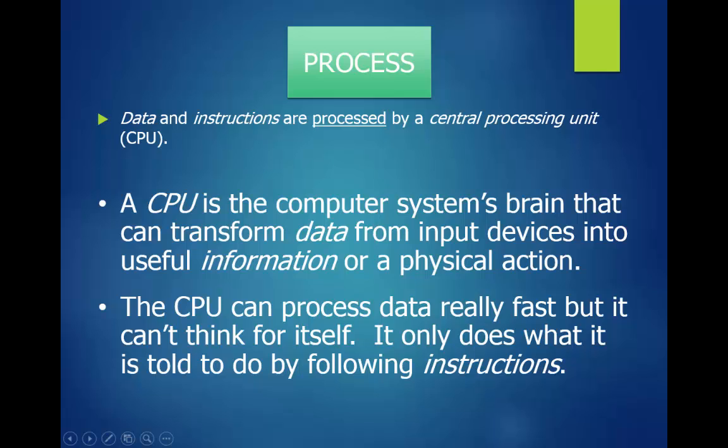The CPU can process data really fast, but it can't think for itself. It only does what it's told to do by following instructions. As we can see, we give it the instructions, and the CPU does the task and processes to give a result.